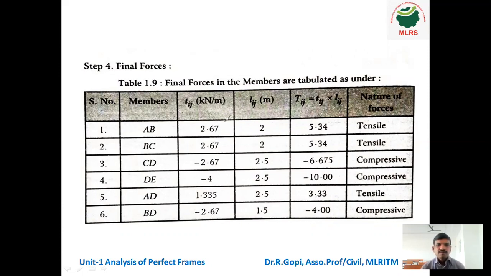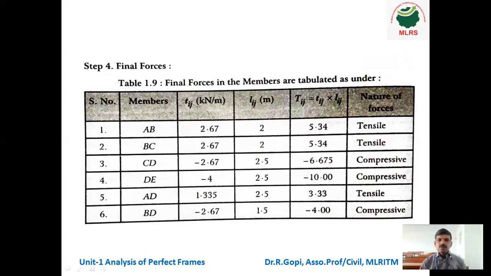Whatever answer you got, just substitute that value. Now next, this is T, next L. We want to know the forces in the members. T is equal to T into L. This is the formula. Here these are all the tension coefficients, T, and L is the corresponding length.